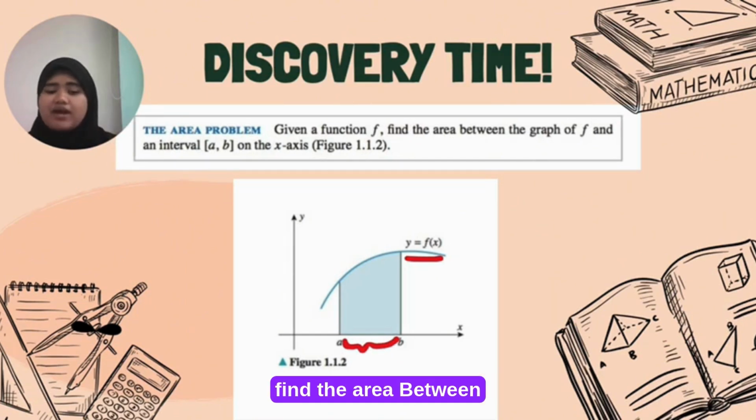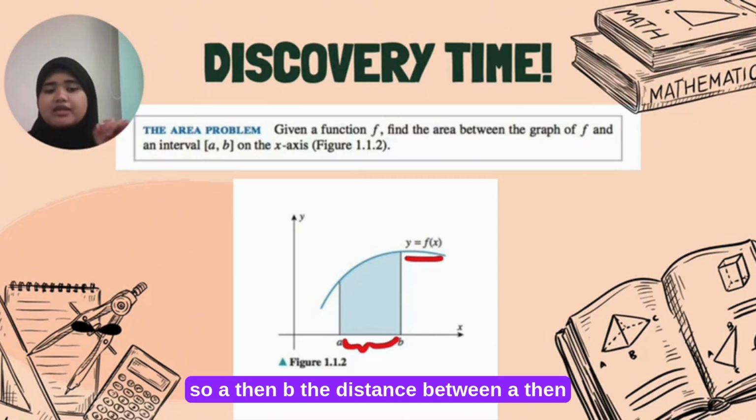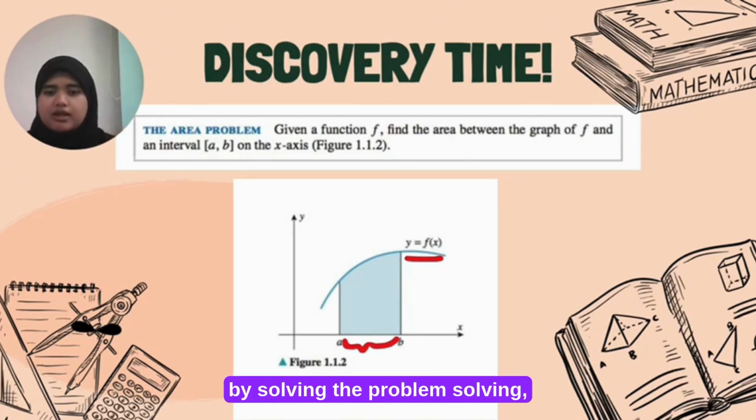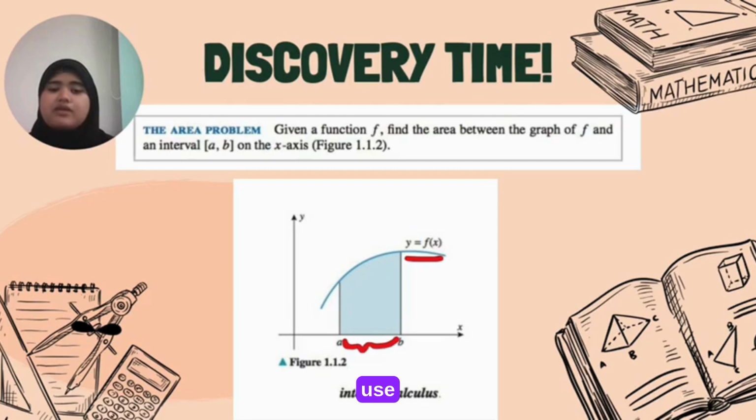So we need to find the area under the blue line between a and b, and we can get the solution by using limits.